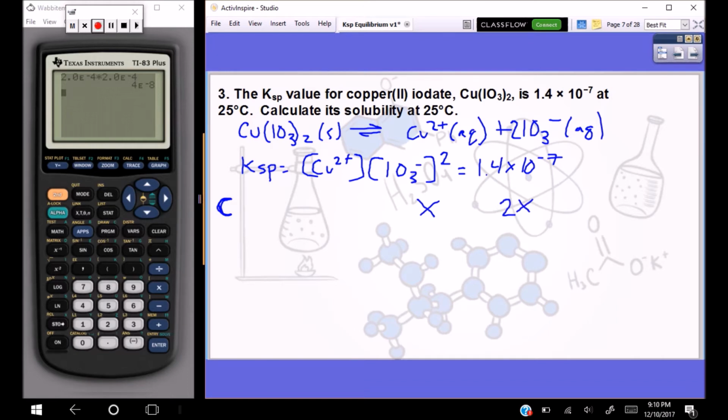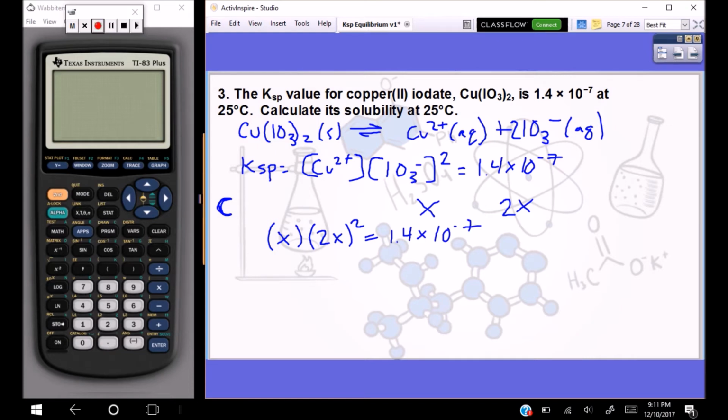So what we can do is we can take that change and we can plug that back into our KSP expression. So we've got X for copper 2+ and 2X squared for iodate. And this is going to be equal to 1.4 times 10 to the negative 7th.